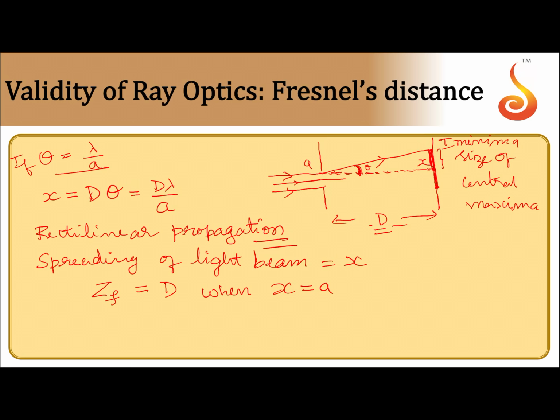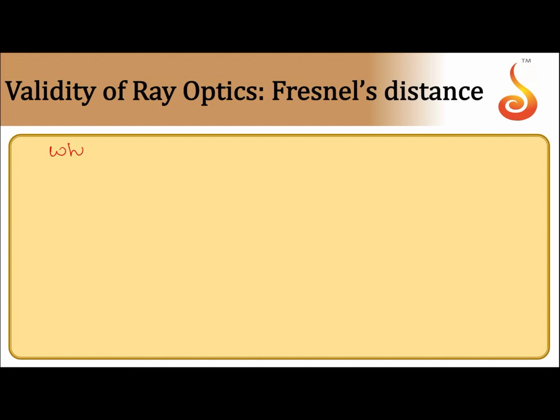It is the distance of the screen from the slit where the spread due to diffraction, x, becomes equal to the slit width. So when x is equal to a, d becomes equal to ZF.